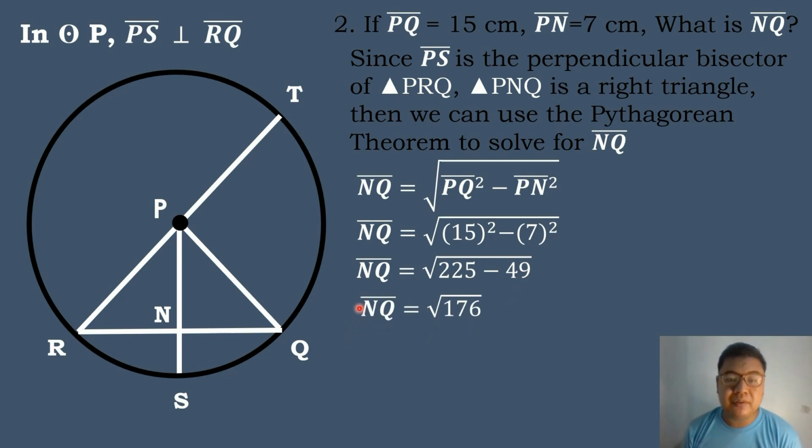Then segment NQ equals square root of 176. And then we will get the square root of 176, and that is equal to 13.27. So the measure of NQ, which is the shorter leg of the right triangle, is equal to 13.27 centimeters.